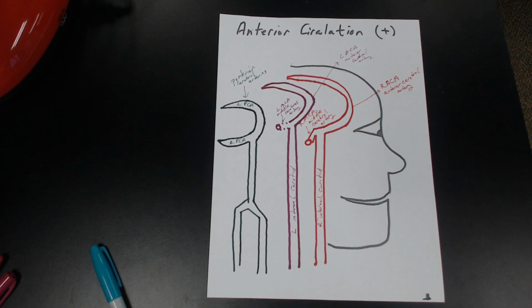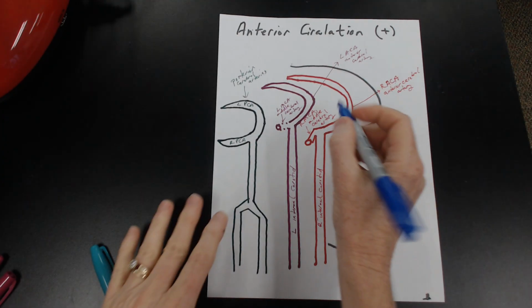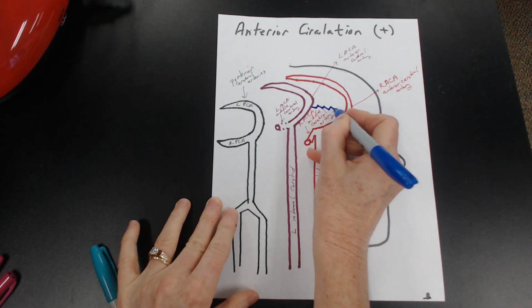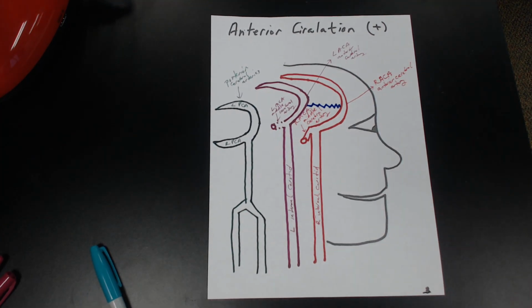Circle of Willis. Yes, we're going to look at the Circle of Willis here. The Circle of Willis is nothing more than connecting the left and right halves of the brain. There's one important artery that connects the left and right halves of the brain, and that's going to be this little connector here. I'm going to draw the Circle of Willis here in blue. The connector is an artery that connects the left and right anterior cerebral arteries. Just one of them. And that artery's main job in life is to connect the left and right circulatory systems in the anterior system.